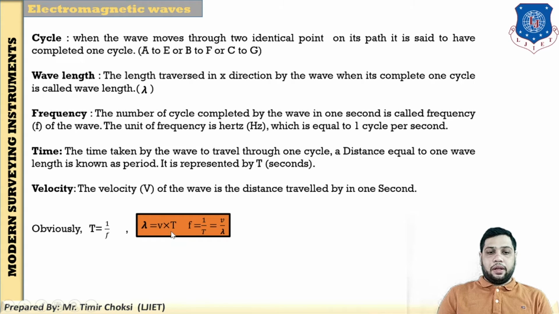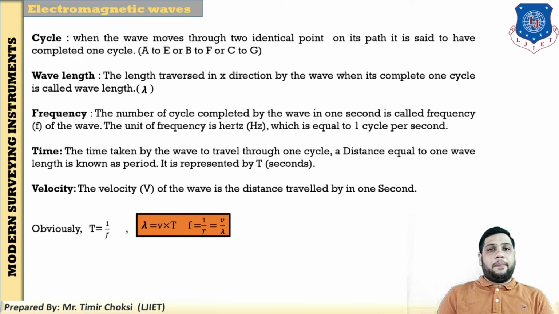Replacing these terms, frequency f equals v upon lambda, where v is the velocity and lambda is the wavelength. So the distance traveled by the wave in 1 second is called the velocity.